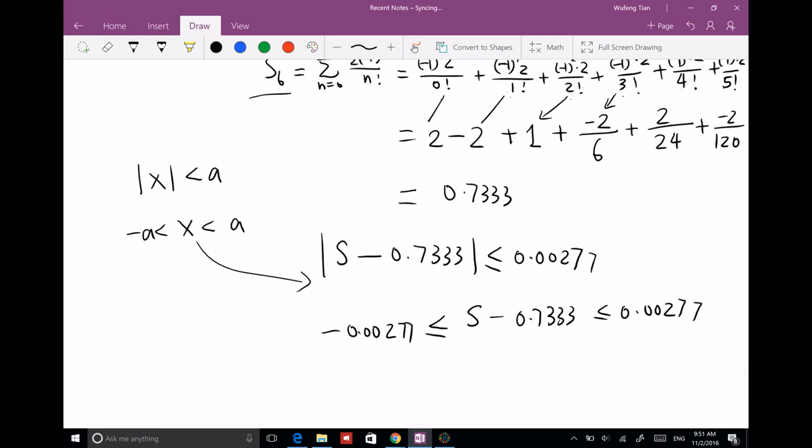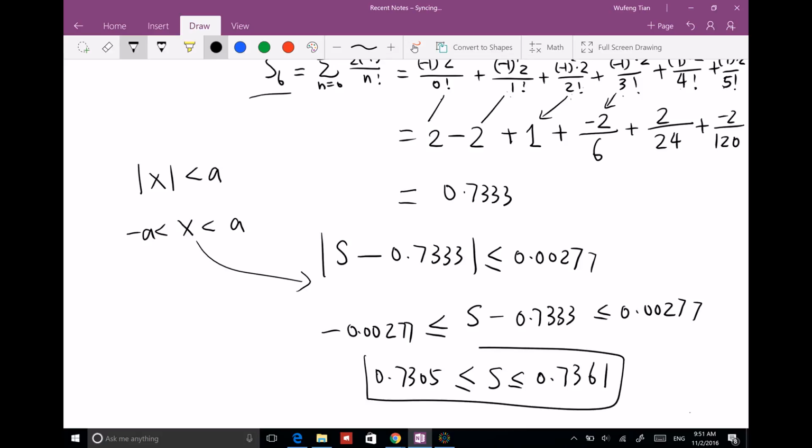So I got S is less than or equal to 0.7361, and bigger than or equal to 0.7305. Basically, I can estimate the whole series converges to 0.73 something. It's in between these two values. It will not be bigger than this, but it's in between these two. So this is the way to help you estimate which point this series converges to.